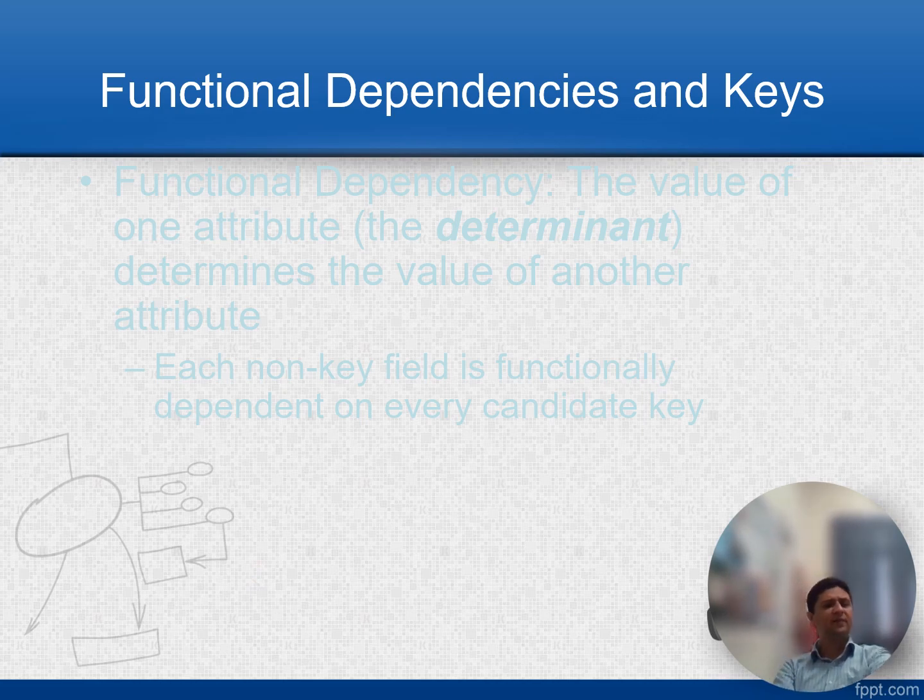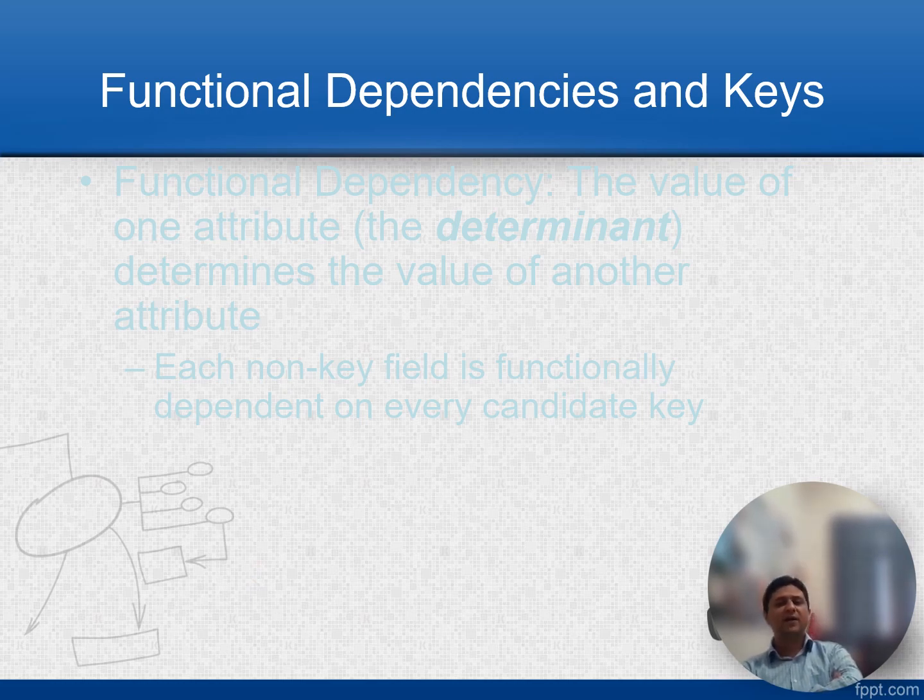There is another concept of fully functional dependency. Fully functional dependency is there when there is a composite primary key. For example, there is a composite primary key, and by analyzing data samples, we find that there are some attributes whose values can be determined by just a part of the composite primary key.